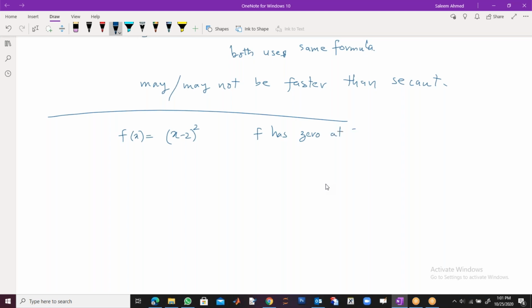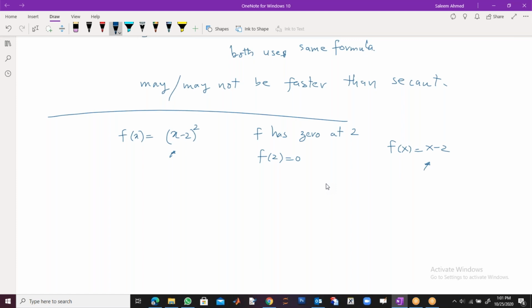What does that mean? That f(2) is 0. f(x) equal to x minus 2 also has 0 at 2. This function is also 0 at 2.